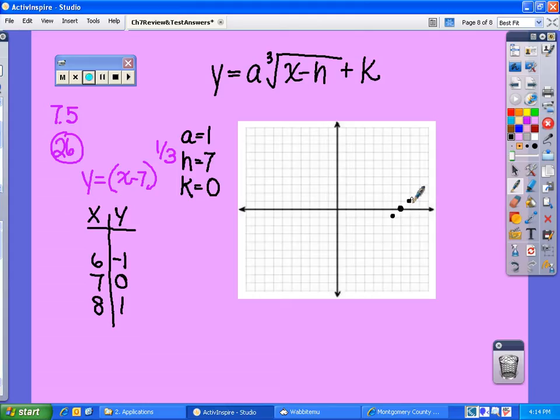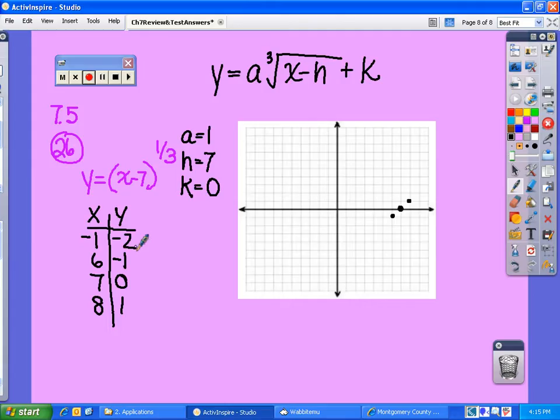Now, 2 other numbers that I can easily take the cube root of are -8 and +8. If I want what's in parentheses here to equal -8, then my x would have to equal -1. -1 minus 7 is -8, and the cube root of -8 is -2.